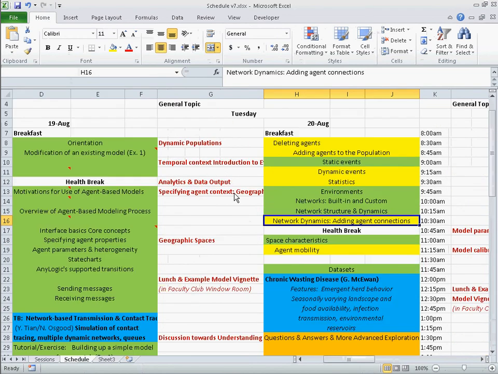We began with a look at a set of examples which highlighted AnyLogic's capacity to represent open populations, where we had agents come into being, be deleted from the population, and we saw that events, whether in their static, so-called static or dynamic form, I think, could be used to capture many of these features.